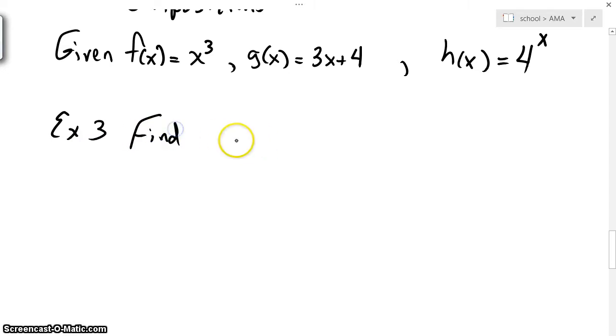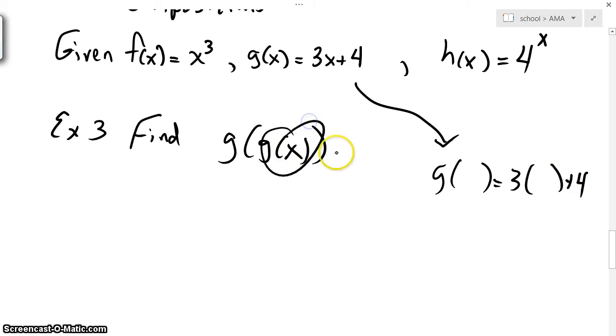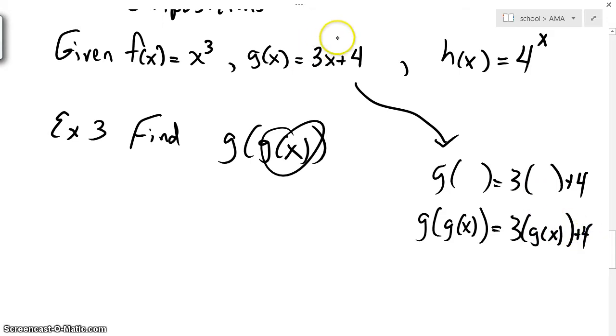You might say, what if we said find g of g of x? Well, my goodness, we could again point out over here that we have g of a blank equals 3 blank plus 4. What's really happening is we're putting g of x into that space. But what is g of x?